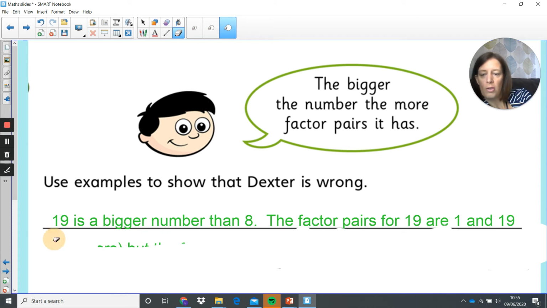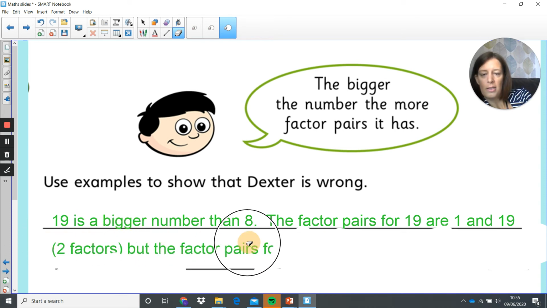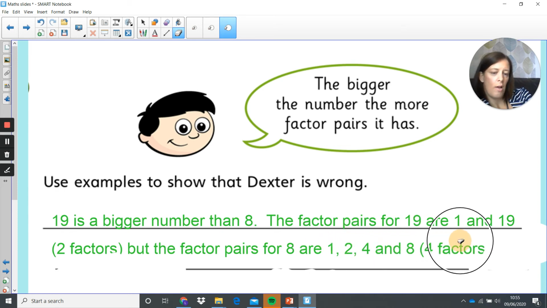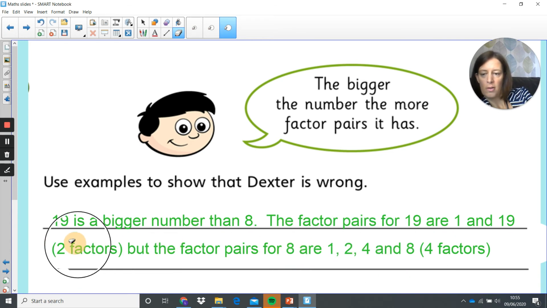But 8 has the factor pairs 1 and 8, and 2 and 4. It has 4 factors. So that's how I've proved Dexter to be wrong. You might have had a different example of a bigger number only having a couple of factors and then a small number having quite a lot.